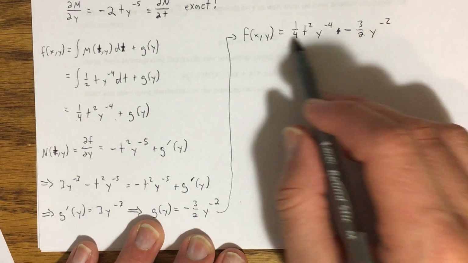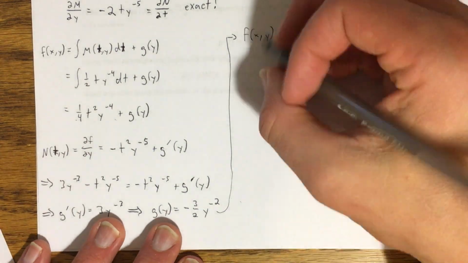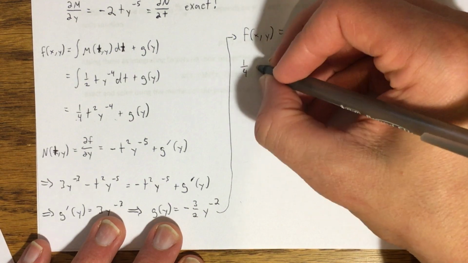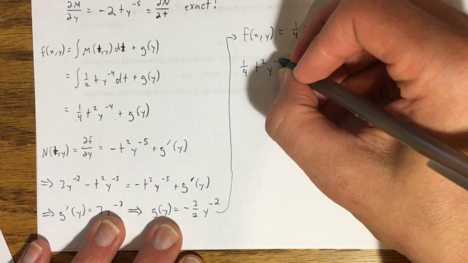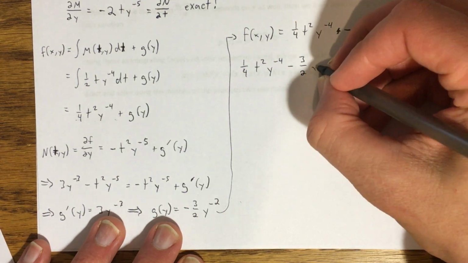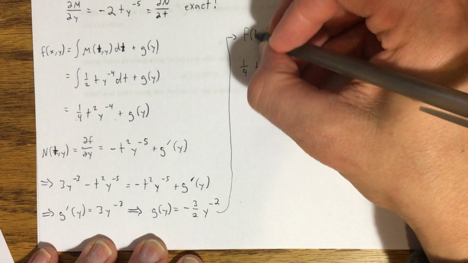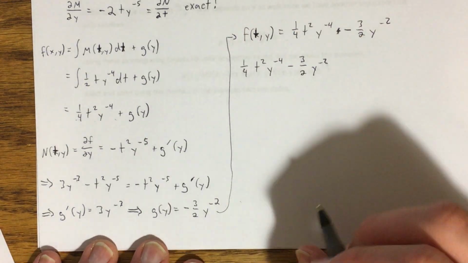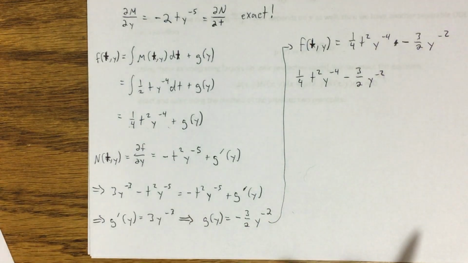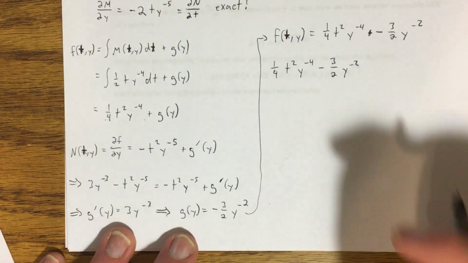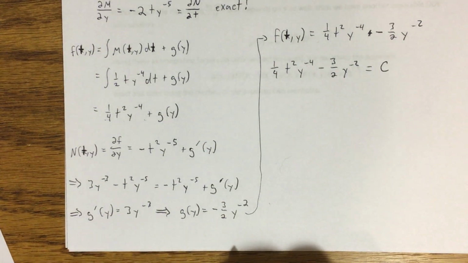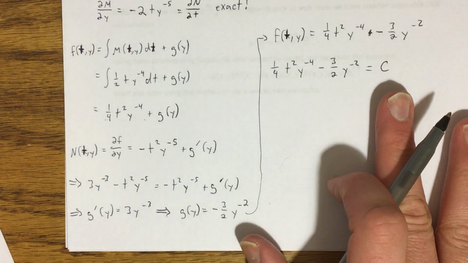Okay, remember this thing we set equal to some arbitrary constant, and so now we have a general solution, 1/4 t squared y to the negative fourth minus 3 halves y to the negative 2, and I've noticed I did that again, didn't I? T. It's a hard habit for me to break. I'm seeing places where I'm putting x's, and I need to be putting t's there. Okay. Set this equal to c. This is a general solution to our DE, but we have more information than that.